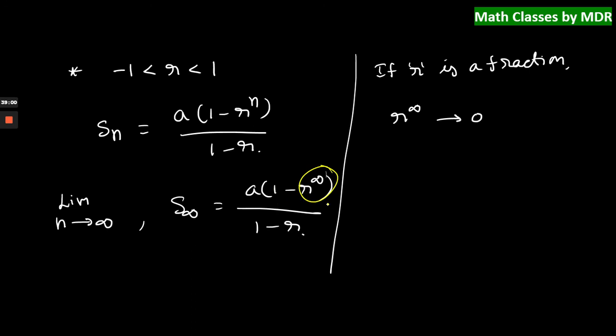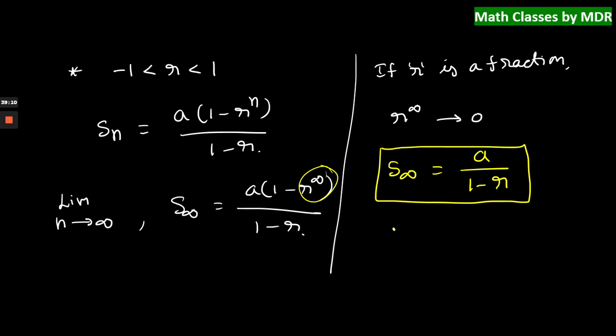So 1 minus 0 is 1. Therefore, the sum of infinite terms will be equal to a/(1 - r), given that r lies between 1 and minus 1. Here a is the first term and r is the common ratio.